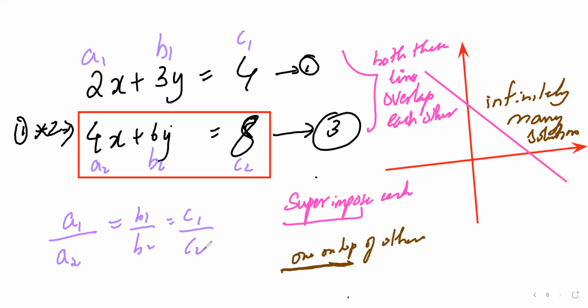The ratios should be equal. Everything must be equal. Then this will have infinitely many solutions. If I'm just taking the variable point of view. Not required, just to tell you. Clear? Yeah.